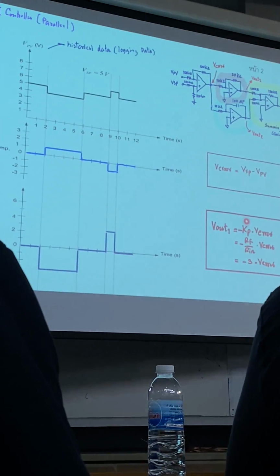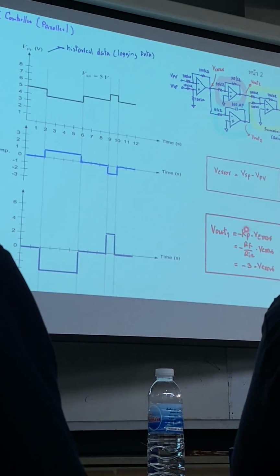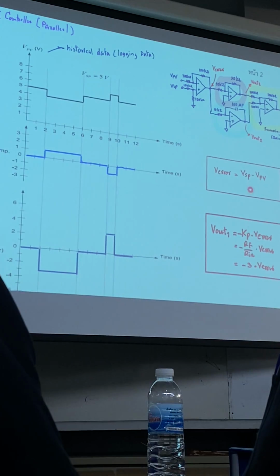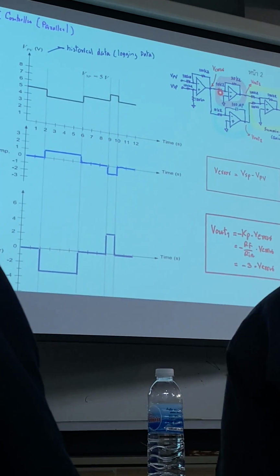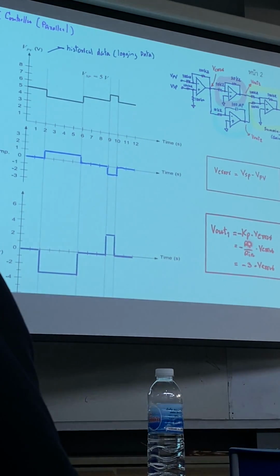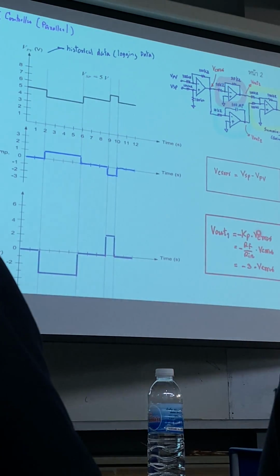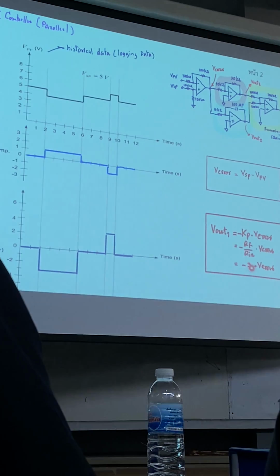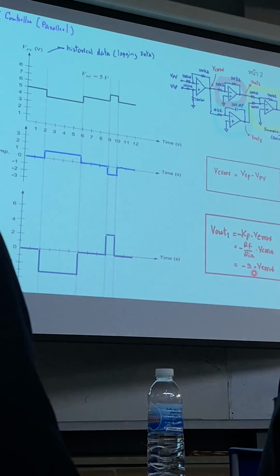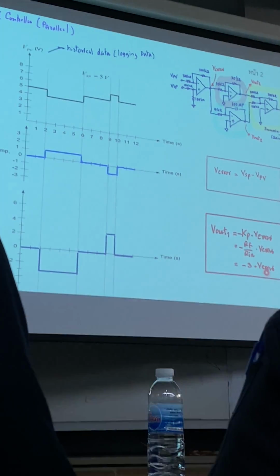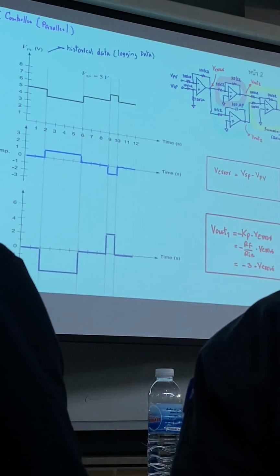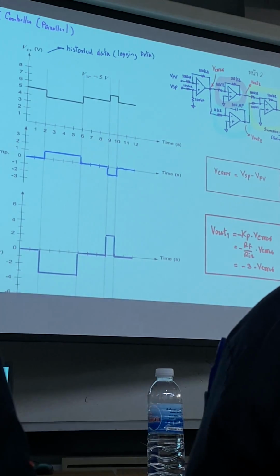And the gain in a P controller is called KP. KP is equal to RF over RIn. You have 30 kilo ohm over 10 kilo ohm, then you have a gain of minus 3. Minus 3 multiplied with the error is the response of V out 1.